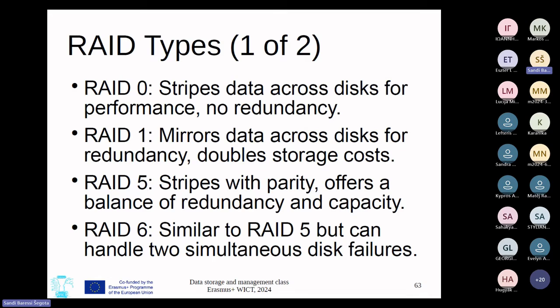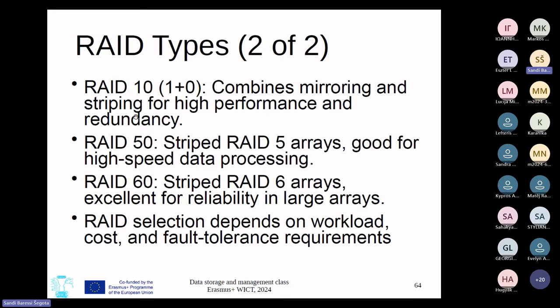RAID 6 uses a bit more advanced parity distribution. Then you have some more advanced combinations, RAID 10, RAID 50, and RAID 60. RAID 10 is, for example, RAID 1 plus 0.